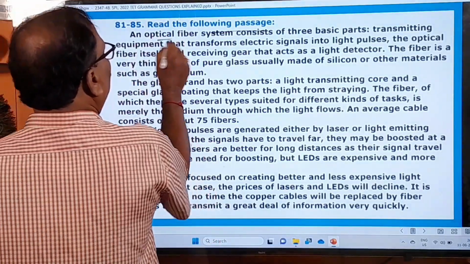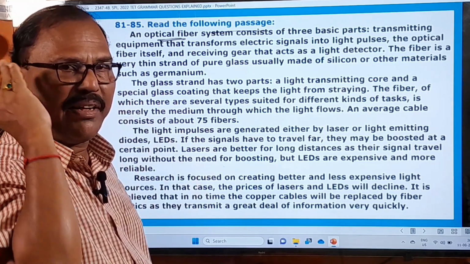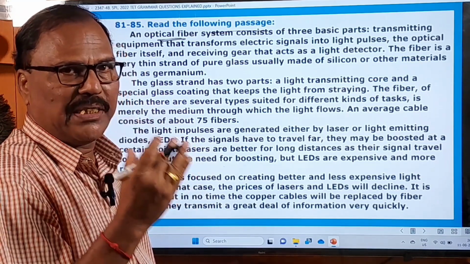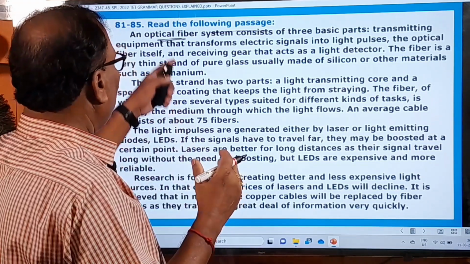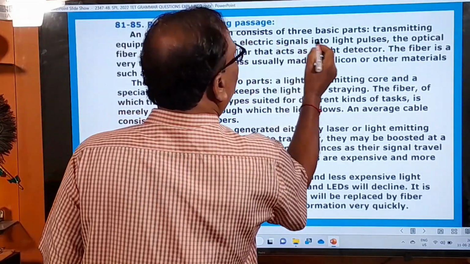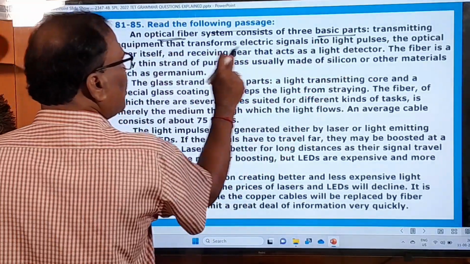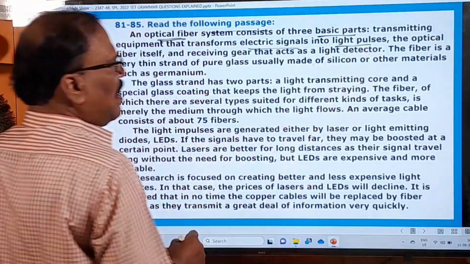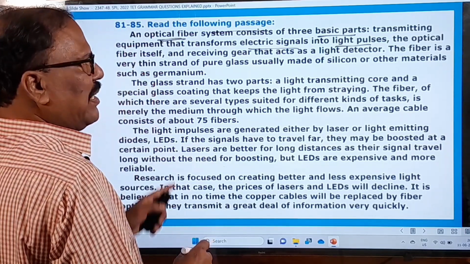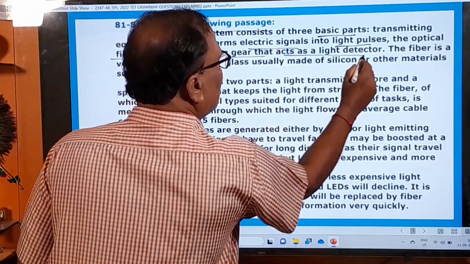An optical fiber. When I say optical fiber, you immediately remember the internet. You get internet and all that through this optical fiber only. The optical fiber system consists of 3 basic parts: transmitting equipment that transfers electrical signals into light pulses, the optical fiber itself, and receiving gear that acts as a light detector.